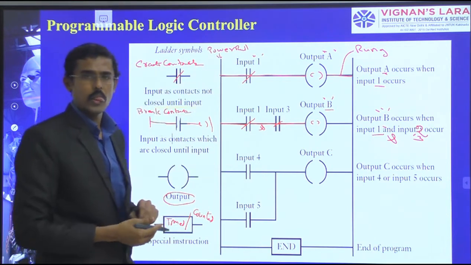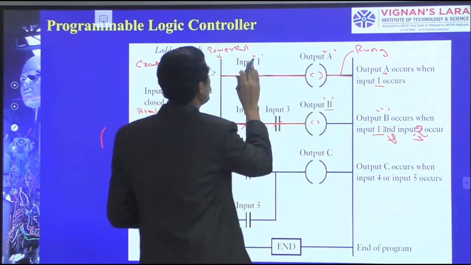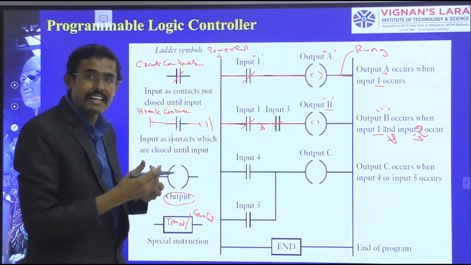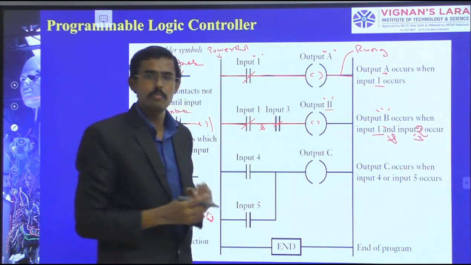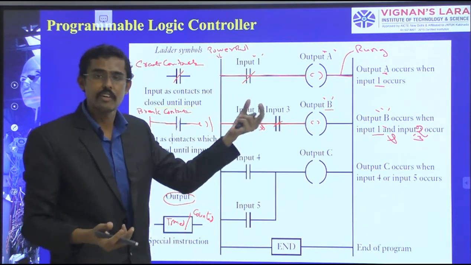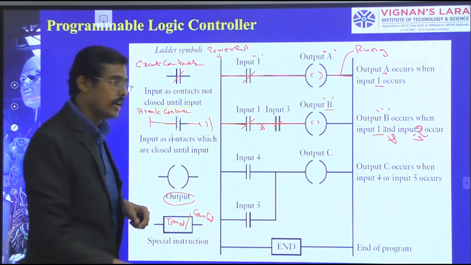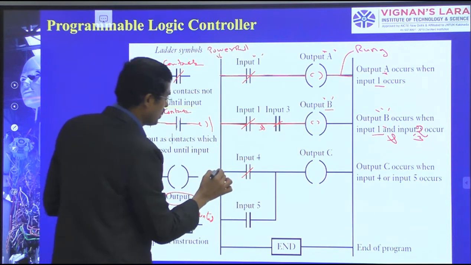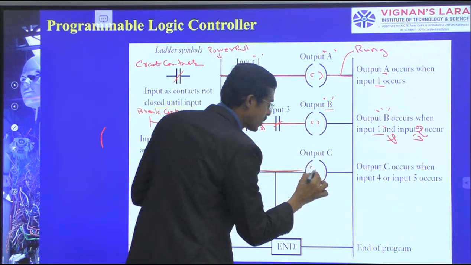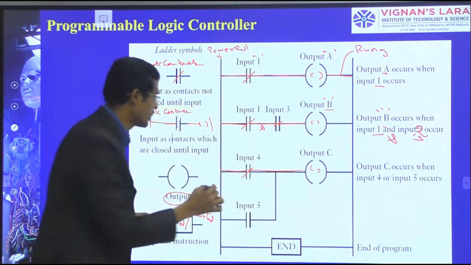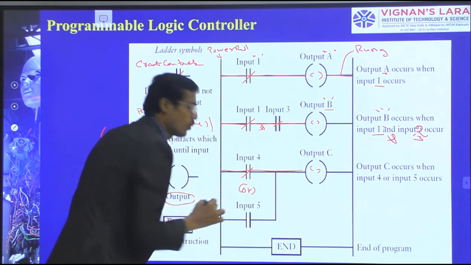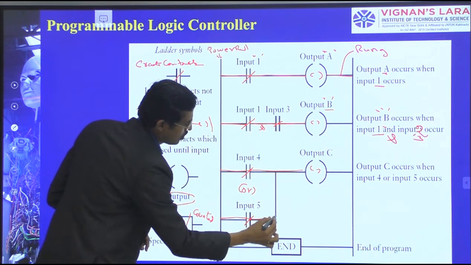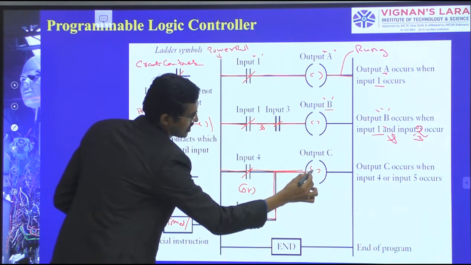In the third rung, we have seen that when input 1 and 3 are activated or sensed, then output B will come. This is the AND function. Now we see one more. If I give input 4, the power goes and it activates. Or otherwise, if I give input 5, then also it activates.